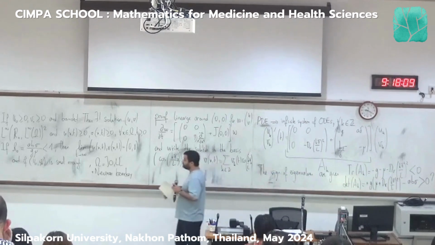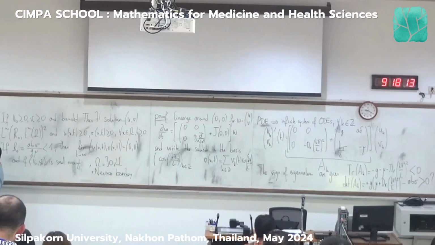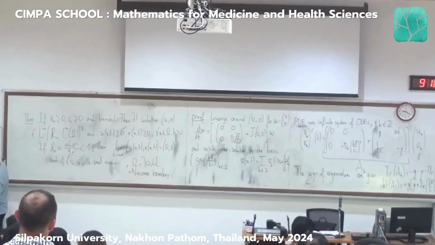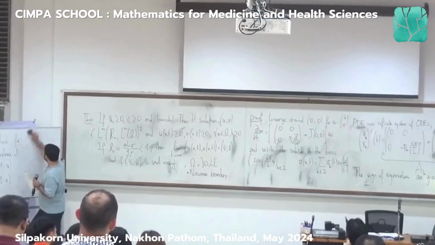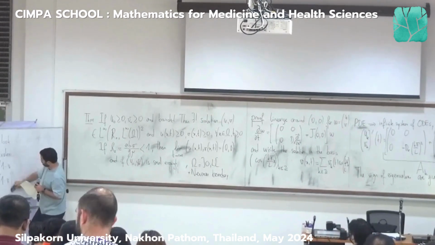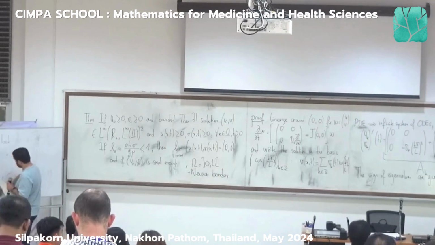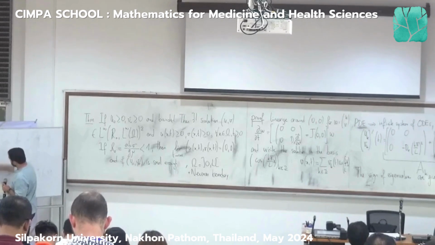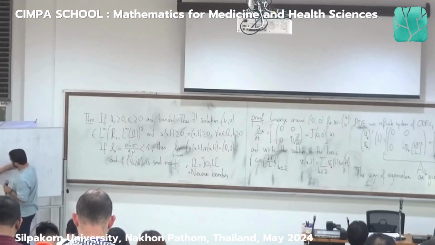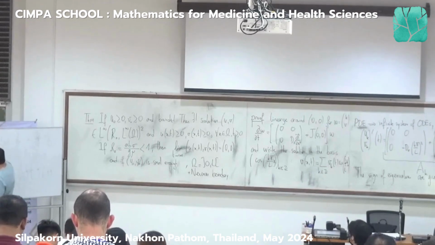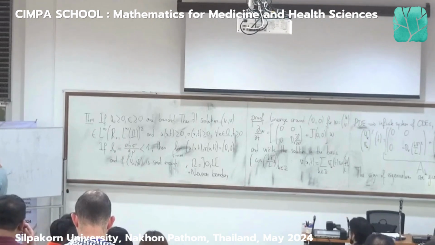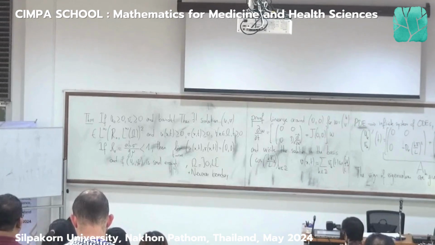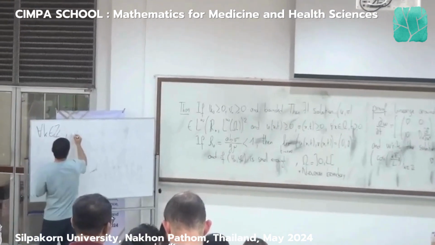So if you want to have stability, and all the eigenvalues have negative real part, so it means for all A, B, so I will write like this.